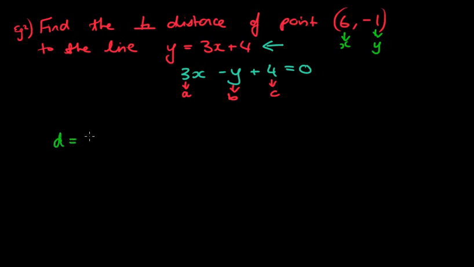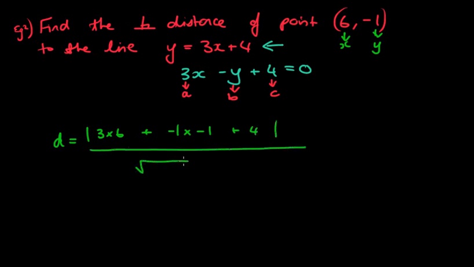The distance equals the absolute value of AX1, so 3 times 6, plus BY1, -1 times -1, plus C, all over the square root of A squared, which is 3 squared, plus B squared, which is -1 squared, equals.